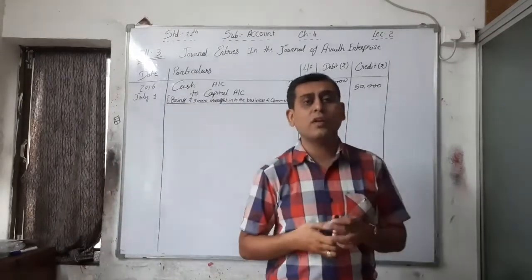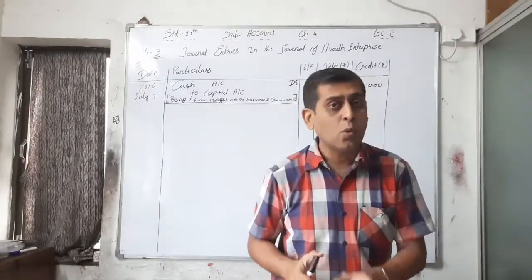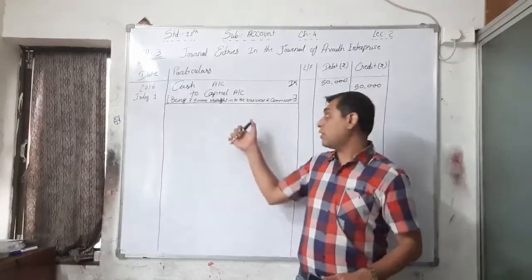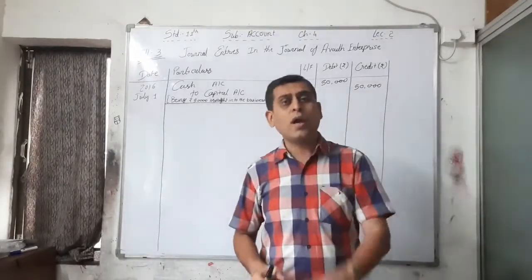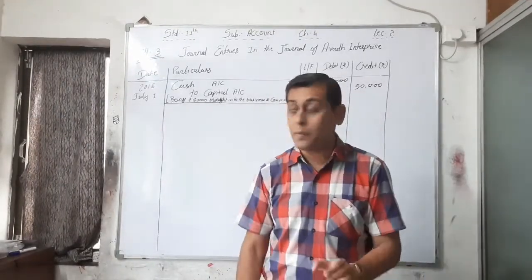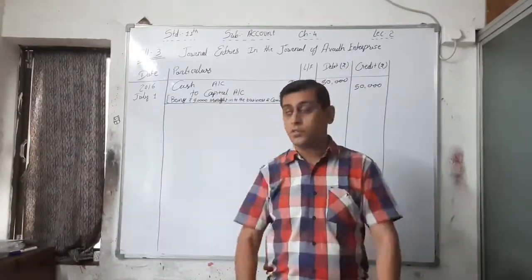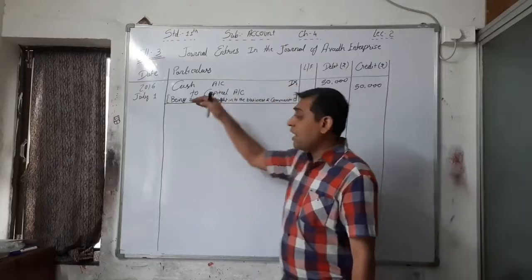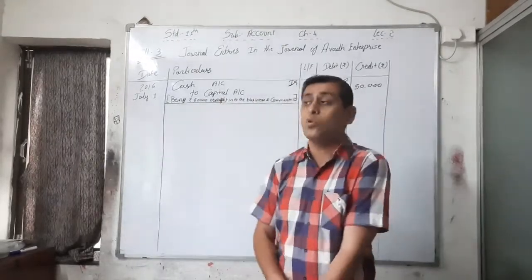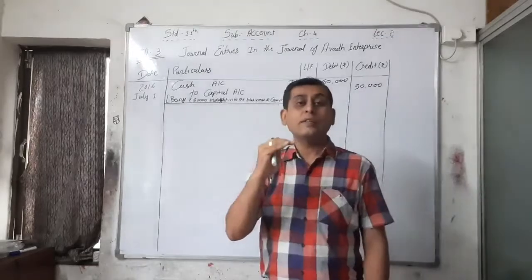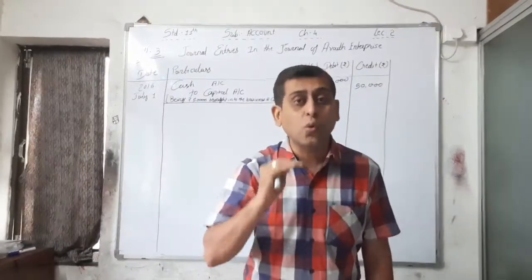You have to write the narration in your own words. You can write the question also in the narration. Write whatever you know about this entry, in your own words. After writing the narration, draw one line in the particular column to show that this transaction is over.